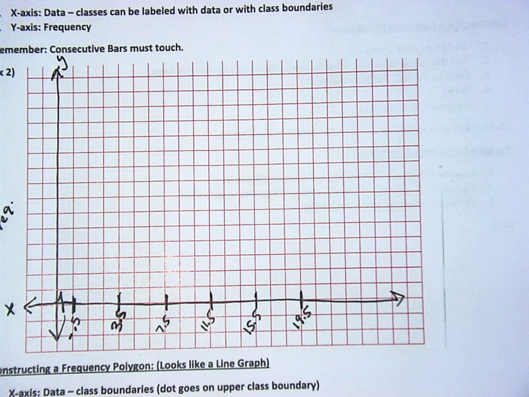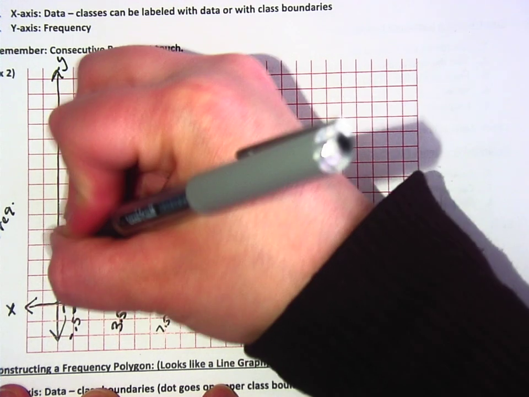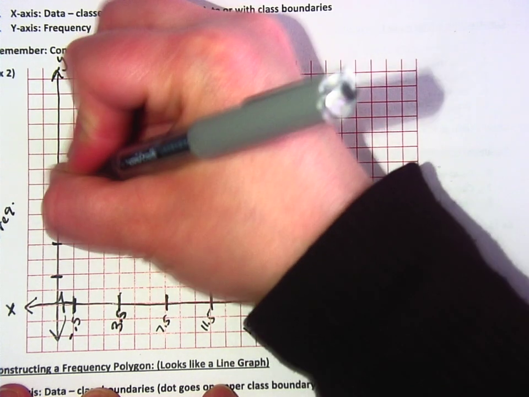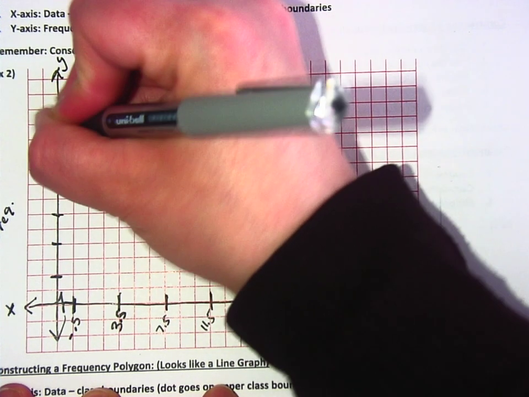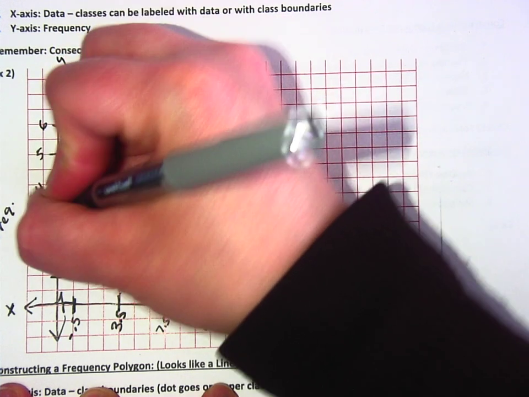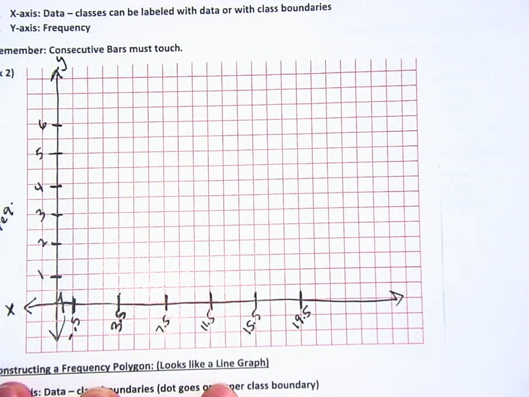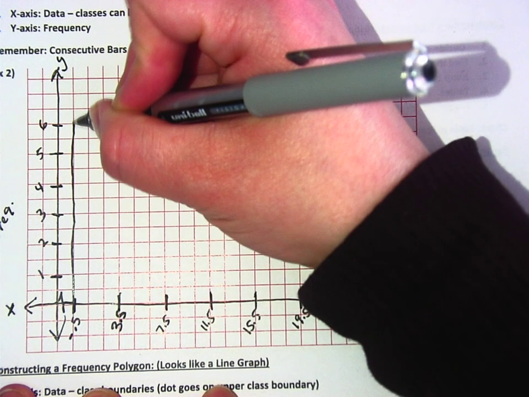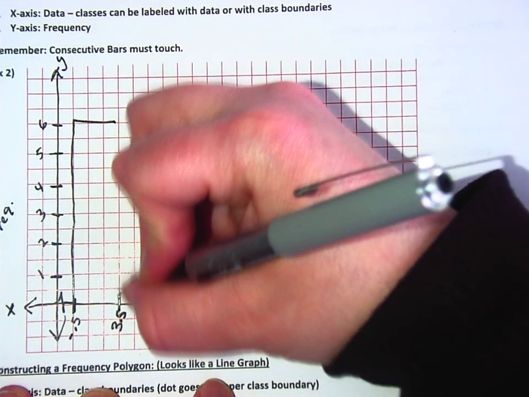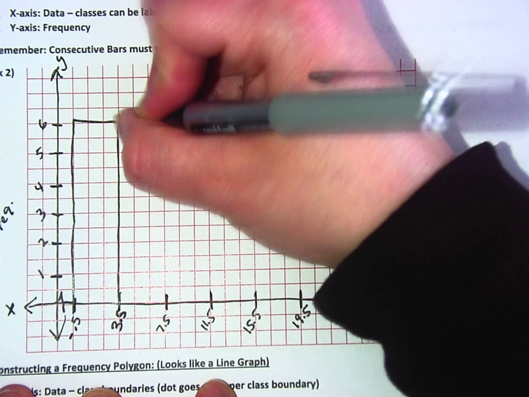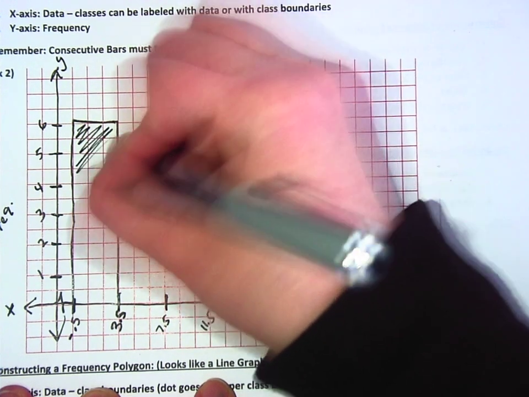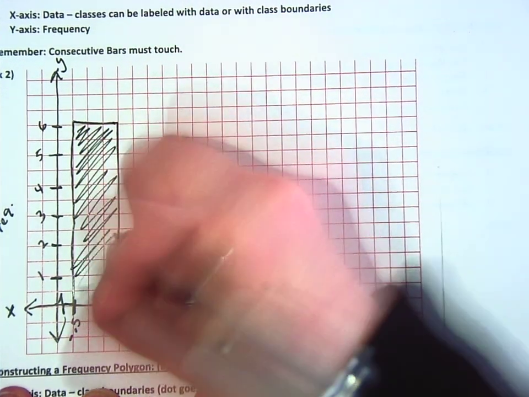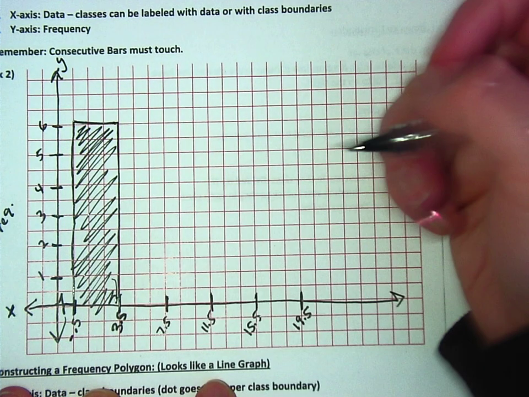The frequency goes on the side, we're going up to 6. 1, 2, 3, 4, 5, 6. You always have to label everything. I'm going to be a stickler for that so that you know what to expect. First bar is up 6.